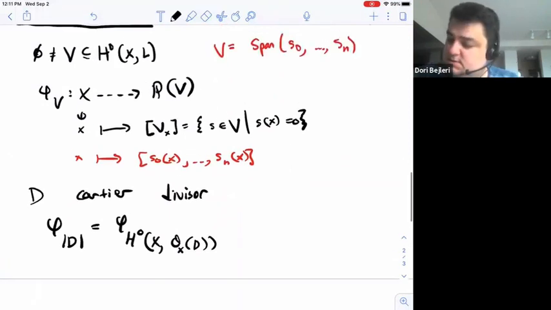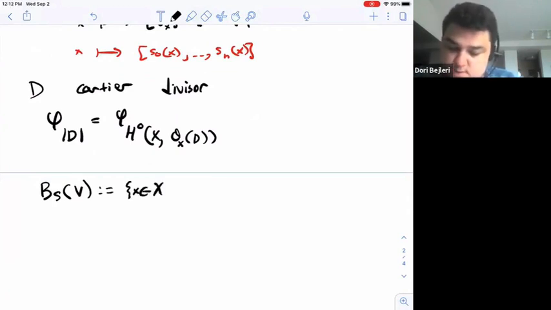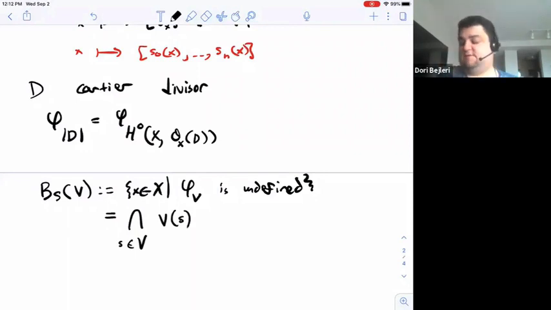Okay, and then some terminology. So given a linear series, we have its base locus, which roughly is a set of points x in X where phi is undefined, but we can give it more precisely as the intersection over all sections of the divisor given by the vanishing of that section.